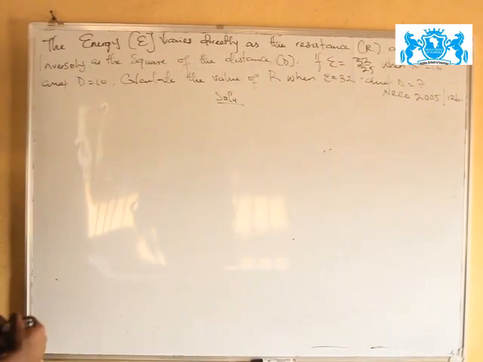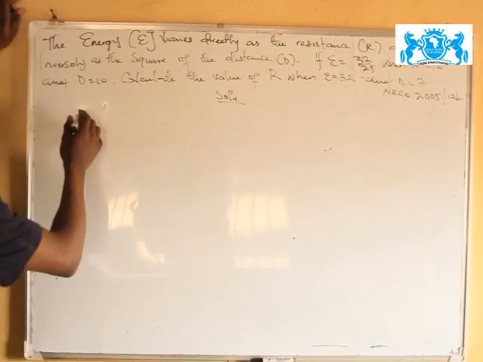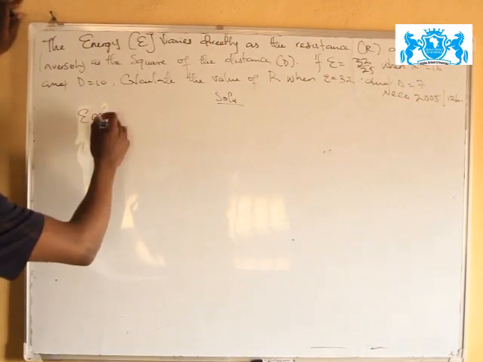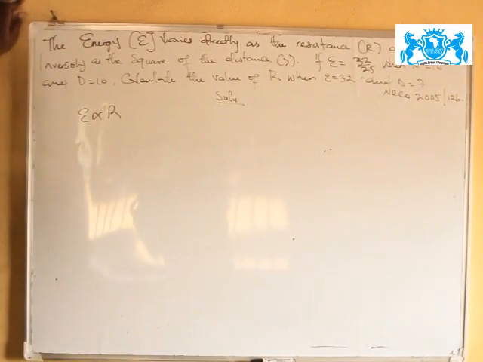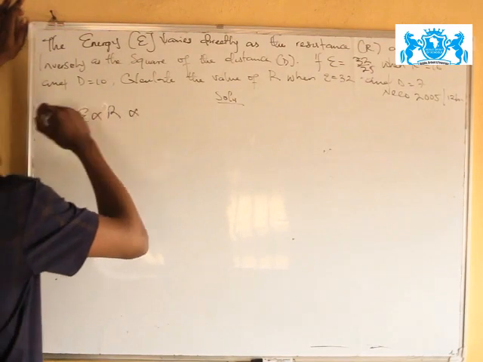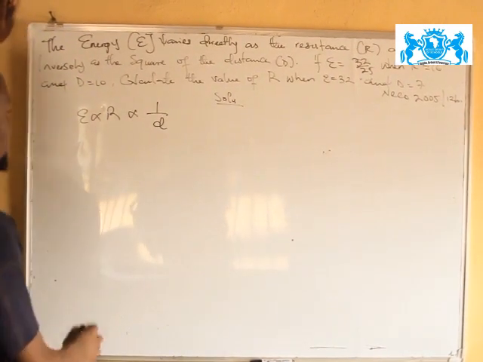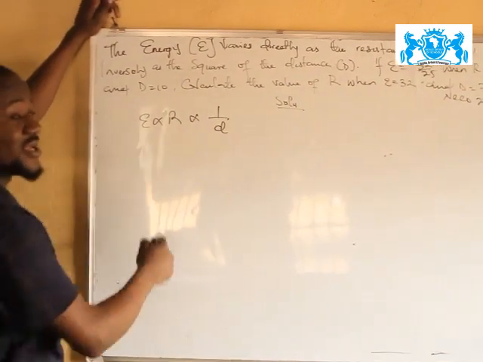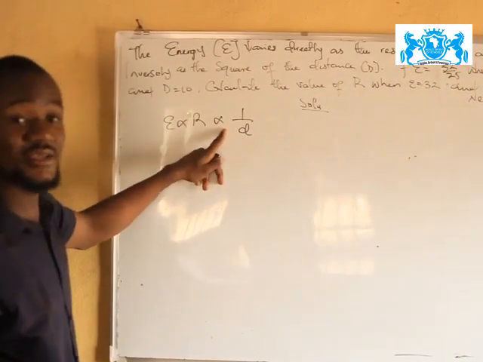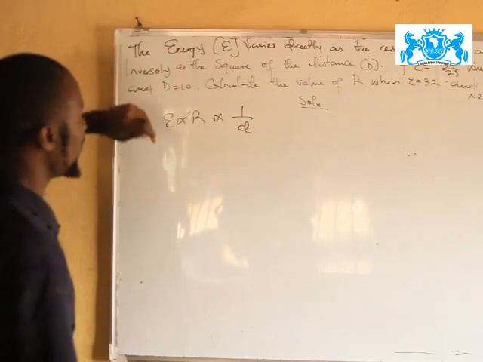Now we have the energy varies directly as the resistance, and inversely as the square of the distance. So the energy varies directly as the resistance, and also varies inversely as the square of the distance.